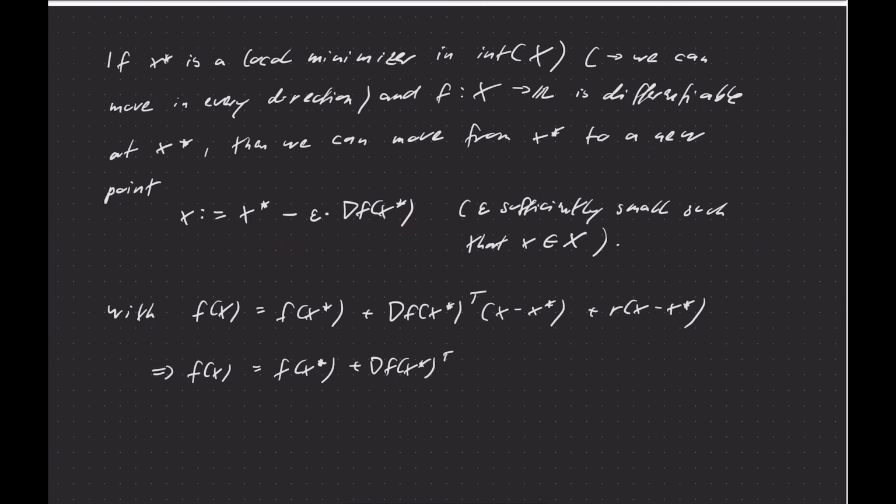And that means we have minus epsilon times the gradient of f at x star in here. And again, plus that remainder. Okay, now what happens here is, well, this is f of x star. We can take out the minus epsilon, and then we have the gradient of f at x star transpose times that gradient. So that's the same thing as the norm of that gradient squared, and then plus the remainder.